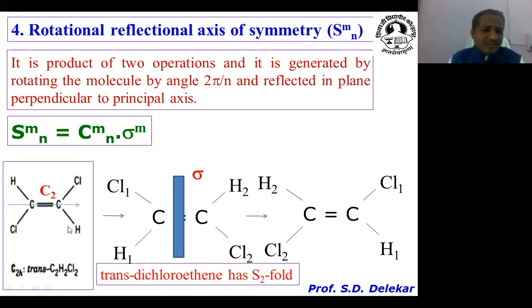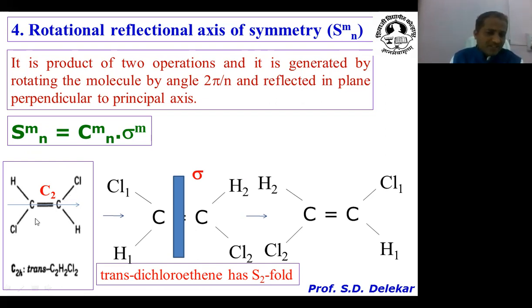If you look at the trans dichloroethene molecule, and see this imagined axis, and I perform the rotation along this at 180 degrees, then, let us see, this is H1, Cl1, this is Cl2, H2.